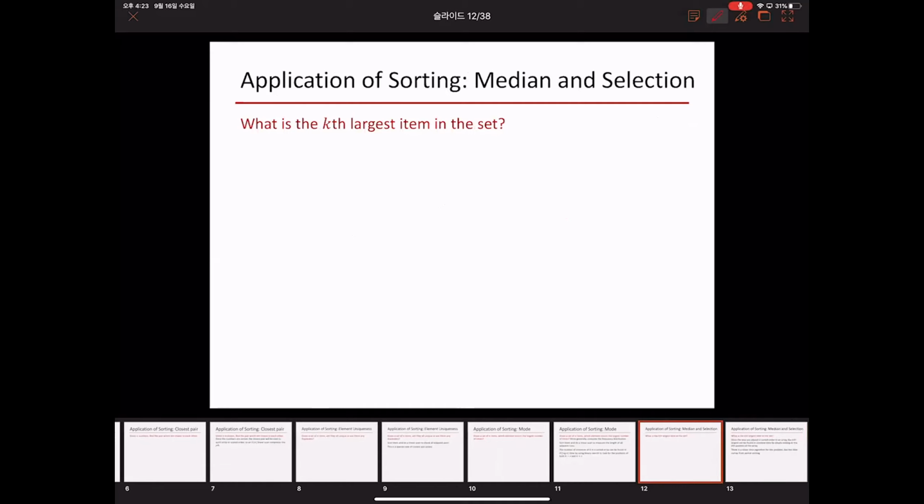So, application: sorting, median and selection. Q1, how can you find the median fast enough? Q2, how can you find the kth value fast enough?